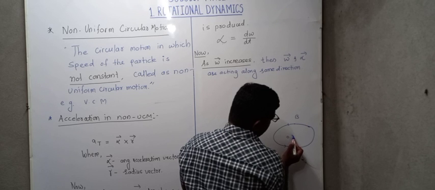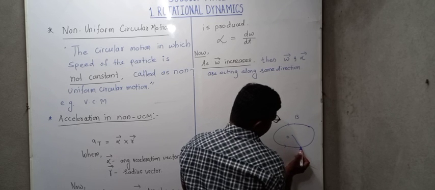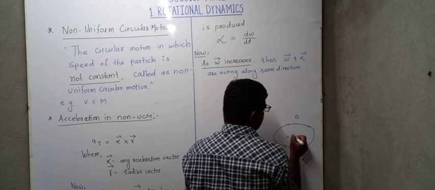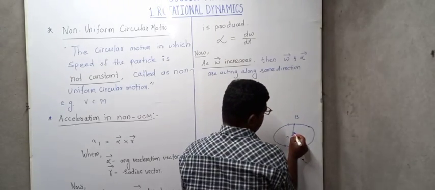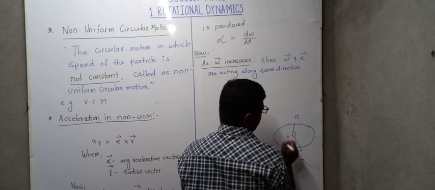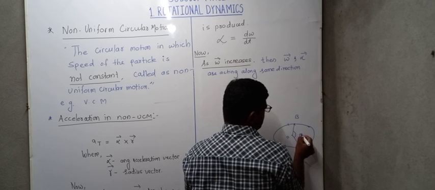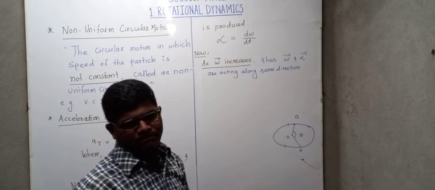If we draw the position vectors from the center to the position of the particle, these two position vectors make an angle theta with each other.